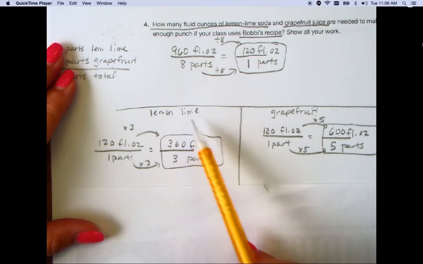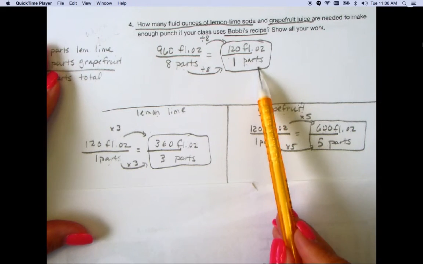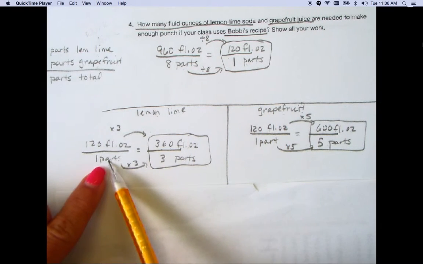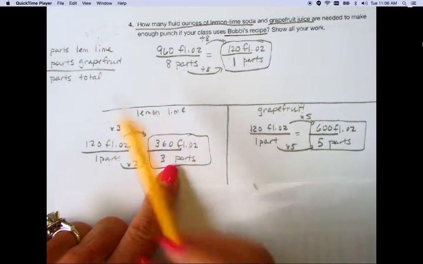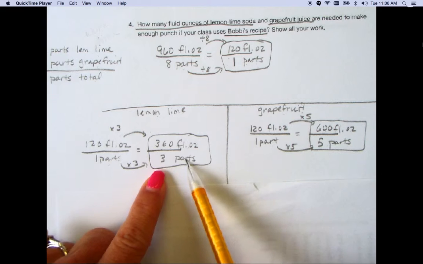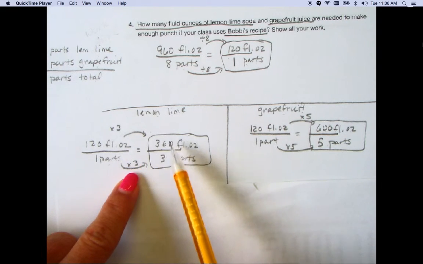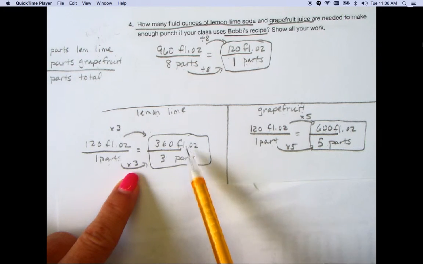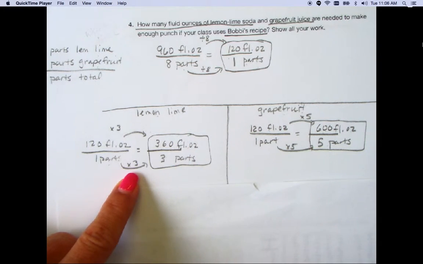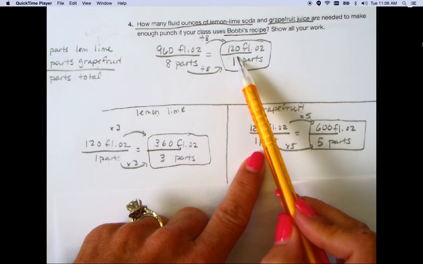Now I need to know how many ounces of lemon lime, how many ounces of grapefruit. So I'm using this ratio. So I rewrote this. And there are 3 parts of lemon lime, so I'm putting my 3 here. I'm scaling up, times 3, times 3. I get 360 fluid ounces of lemon lime that I need. Same thing over here for the grapefruit. I'm using this ratio again.